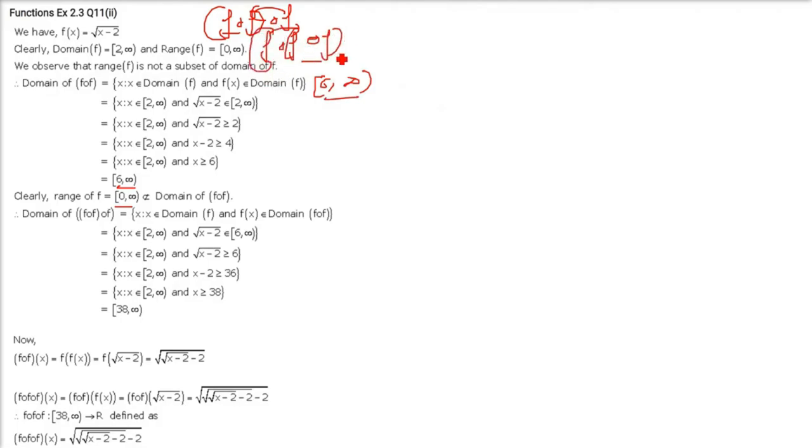Okay. So f x, if you remember, the domain was 2 to infinity, and the range was 0 to infinity. You remember this?